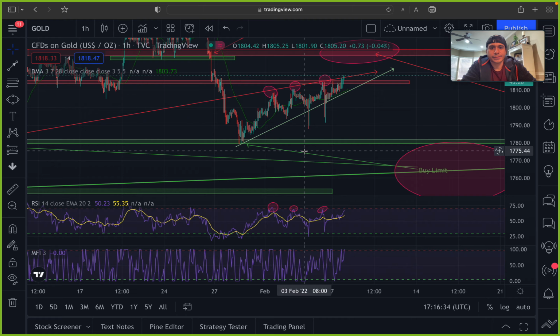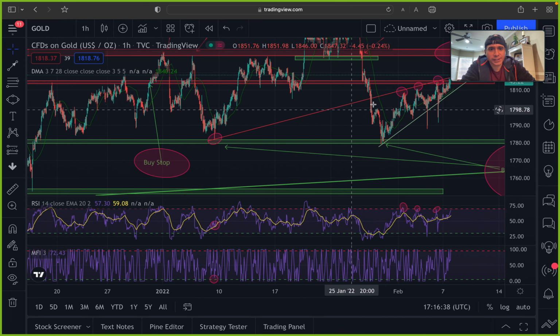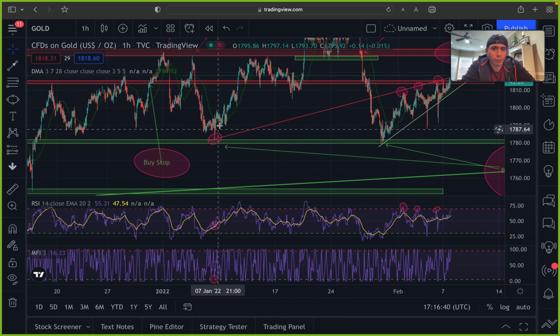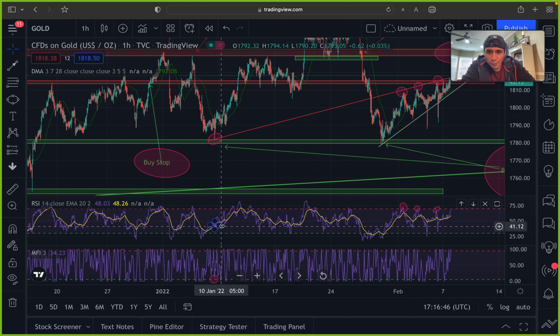Okay, this area of resistance acted as an area of support in the past, as you can see right here, same line. RSI was indicating basically neutral territory, so it could have really gone either way. It wasn't showing overbought or oversold at the time.